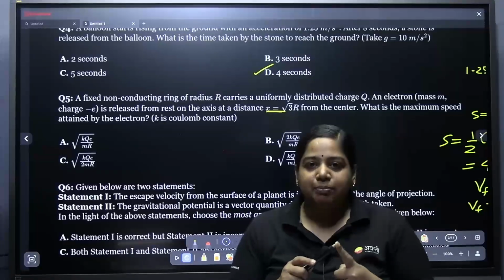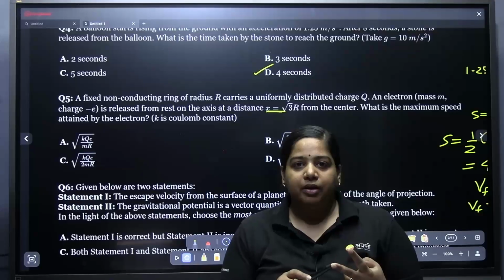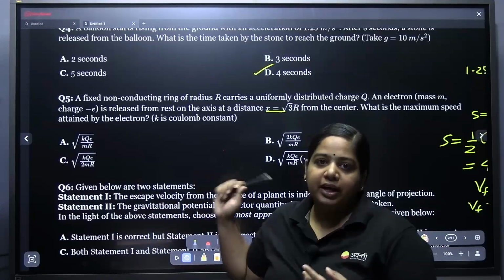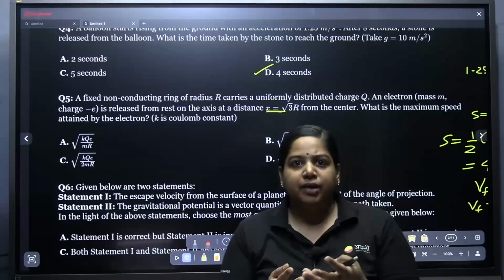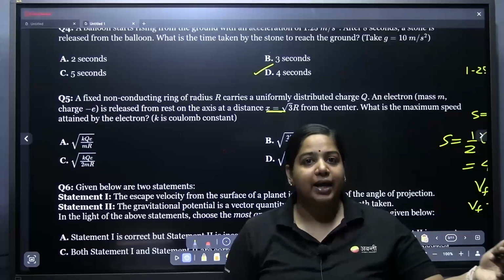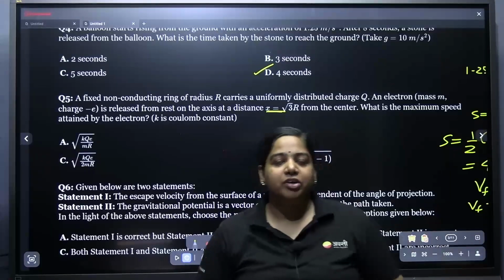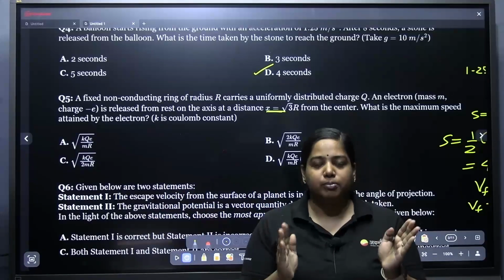So basically speed depends on two things, that is distance and time. If we can calculate the force on the charge, from that we will get acceleration, but we need time to get the maximum speed, right? So instead of that, whenever such cases are there, keep this in your mind.